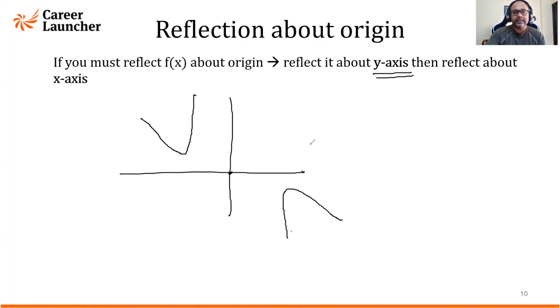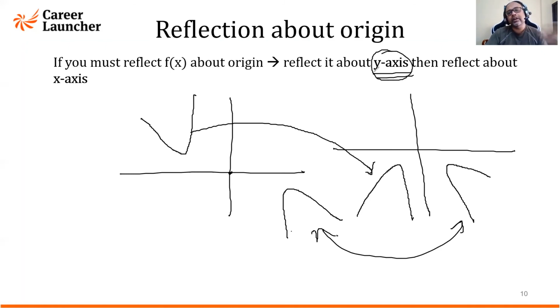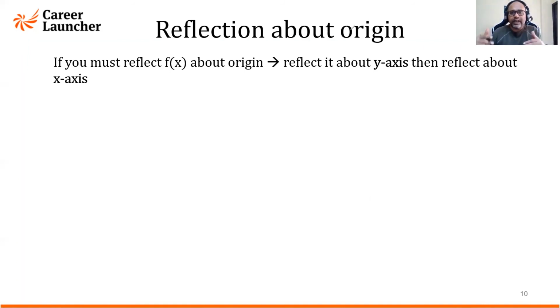You can get the same answer by first finding the reflection with respect to the x-axis, so it will become like this, and then reflecting this with respect to the y-axis. So you'll get the same answer. These two are the same, right? The order doesn't matter, y-axis first then x-axis, or x-axis first then y-axis. But the point is, once about one axis, the next about the other axis. That's what you need to do.